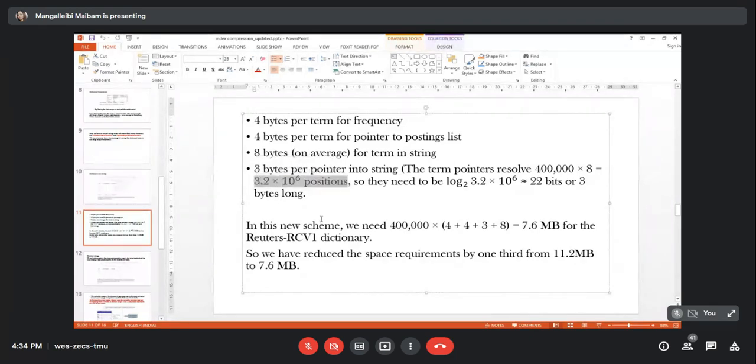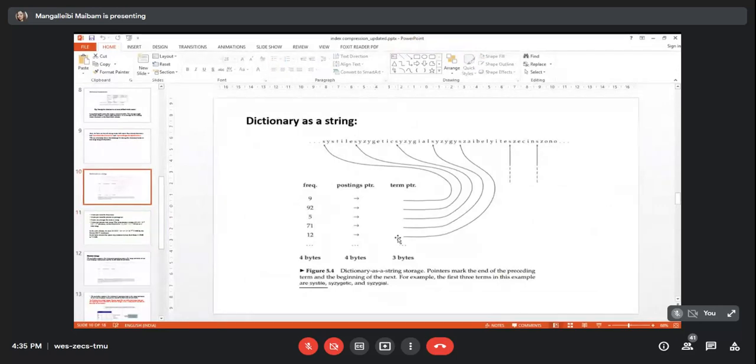When we calculate the pointer, we take the log of this result, which gives around 22 bits, similar to 3 bytes. So that's why the term pointer approximately requires about 3 bytes for storage.